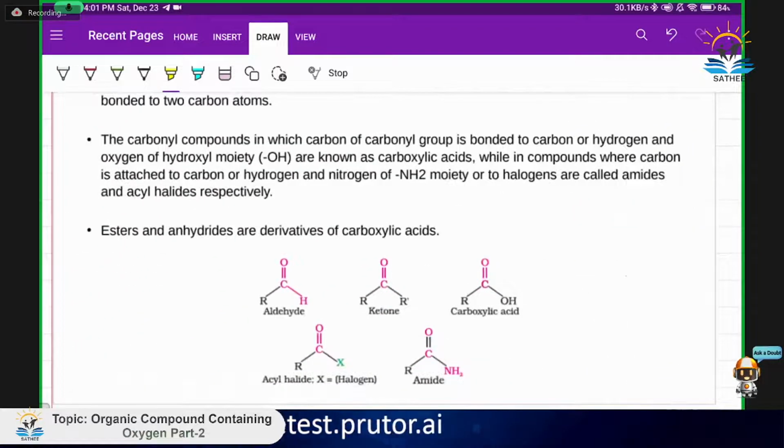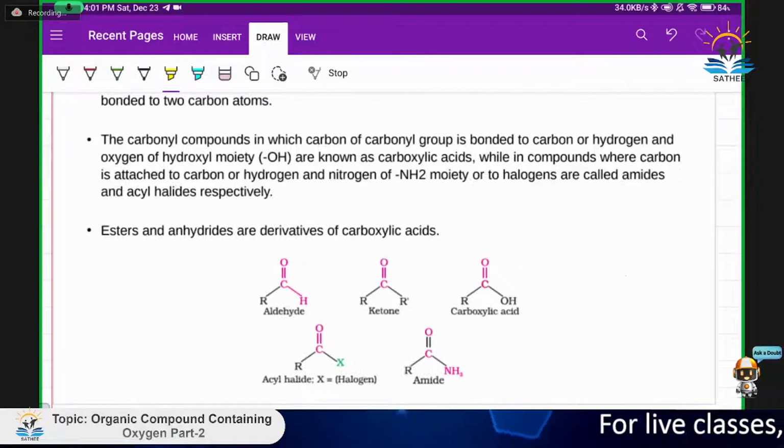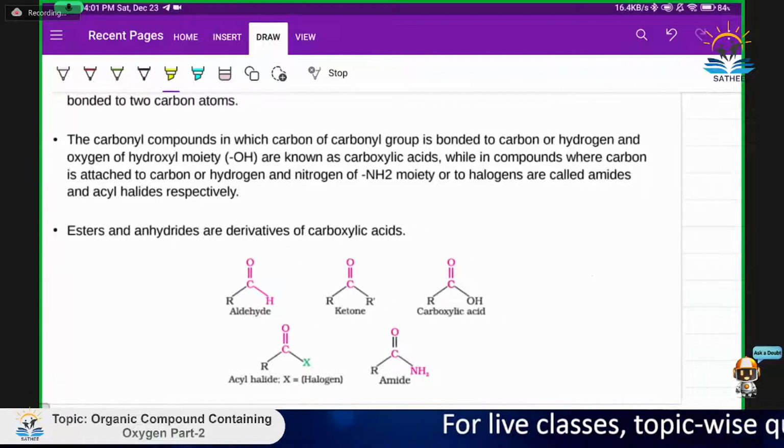The carbonyl carbon bonded to carbon or hydrogen and the oxygen of a hydroxyl moiety is known as a carboxylic acid. While in compounds where carbon is attached to carbon or hydrogen and the nitrogen of an NH2 moiety or to halogens, they are called amides and acyl halides respectively.